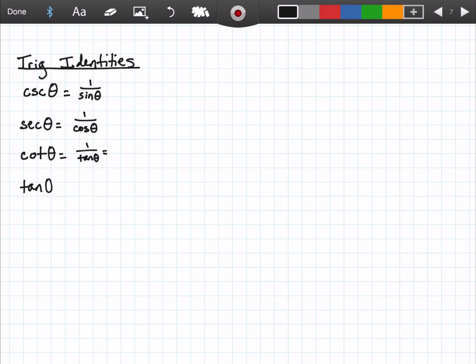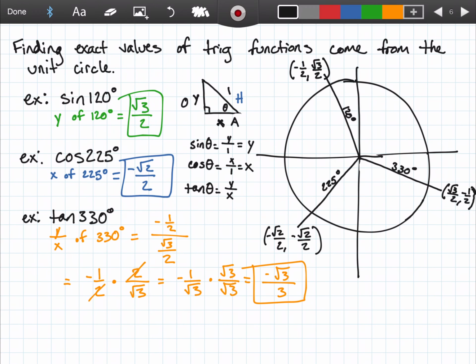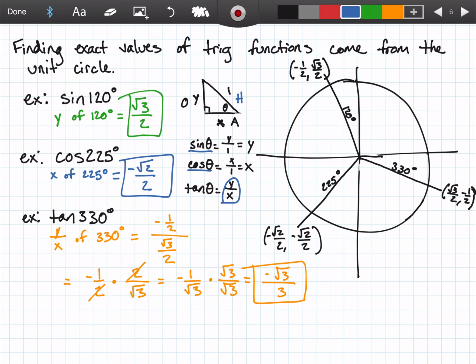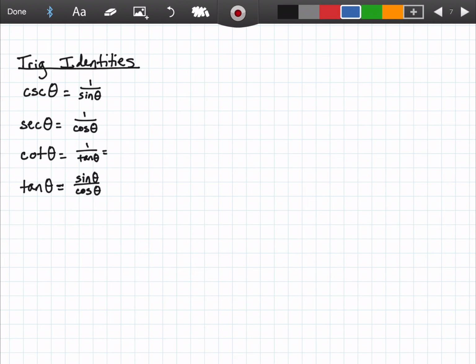We also know that tangent has to be sine over cosine. Why is that? Well, if we come back here, tangent was y over x. Well, we know y is sine and cosine is x, so that's where we get that tangent is sine over cosine. So cotangent could also be known as cosine over sine.